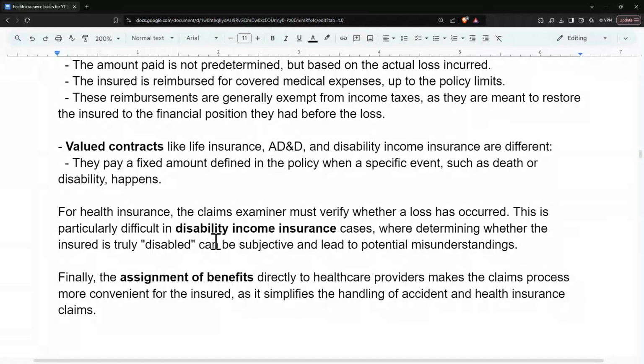For health insurance, the claims examiner must verify whether the loss has occurred. This is difficult in disability income cases where determining whether the insured is truly disabled can be subjective and lead to potential misunderstandings.